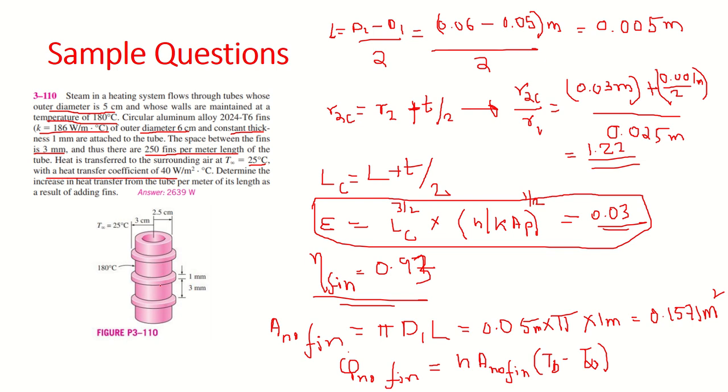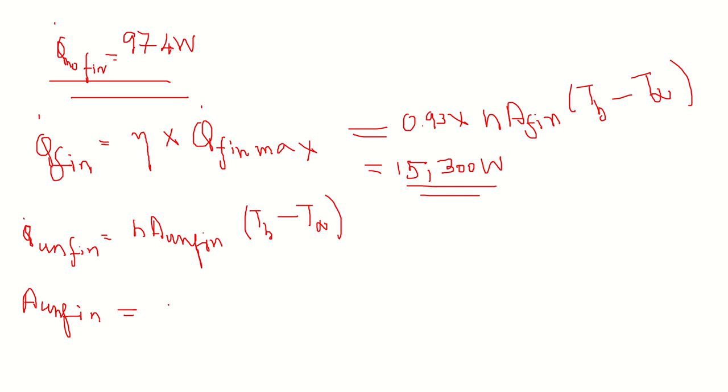So how many unfin areas will we have? This is the question. Area of unfin we found as 1 minus 27777 multiplied by pi d square over 4.